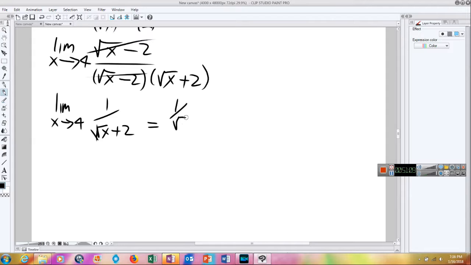We say 1 over the square root of 4, plus 2, not the square root of 4 plus 2. We're going to say 1 over 2 plus 2, which is equal to 1 over 4, a fourth.